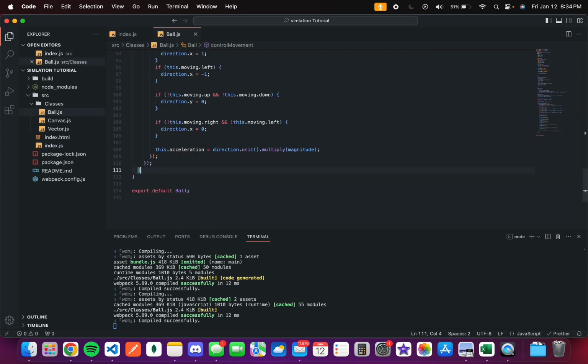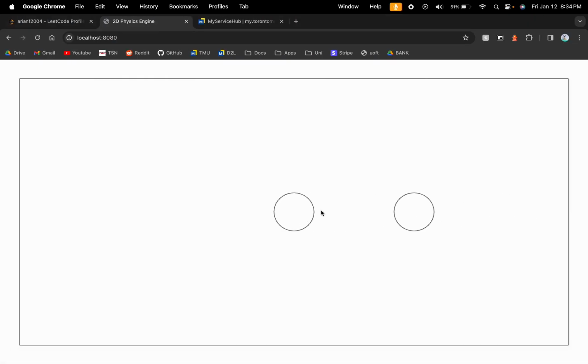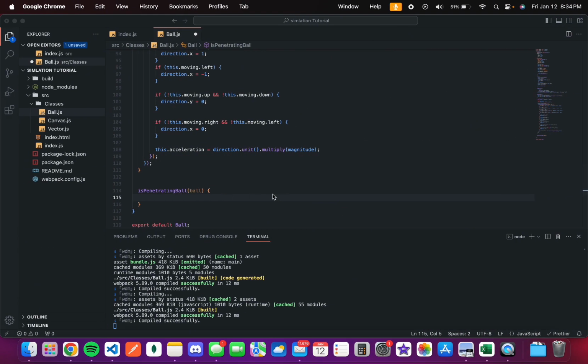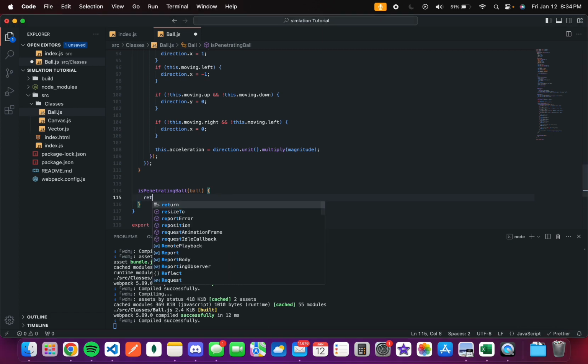So our first method is going to be isPenetratingBall. And this will detect whether or not the ball is penetrating the other ball by returning a true or false value. This true or false value will be dependent on the following formula.